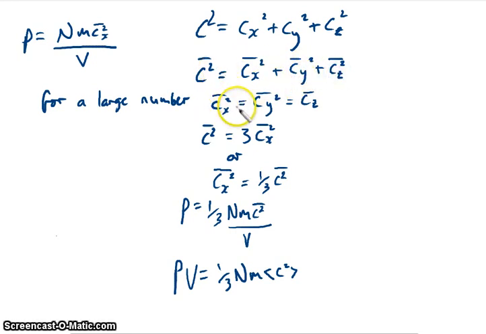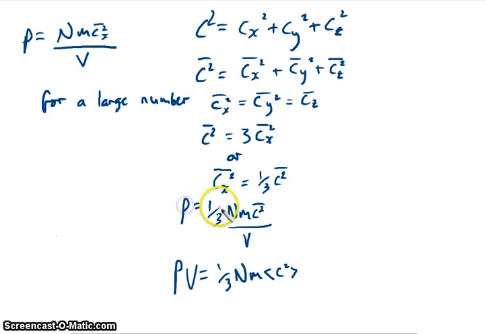So for a large number, cx, cy and cz are all equal, and then you can say that c bar squared is equal to 3 cx squared. That's then rearrangeable to give you cx bar squared is equal to 1/3 c bar squared. Confusing, but the maths follows.